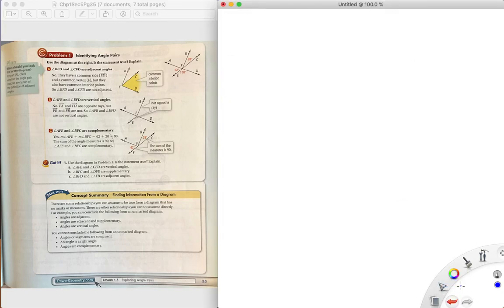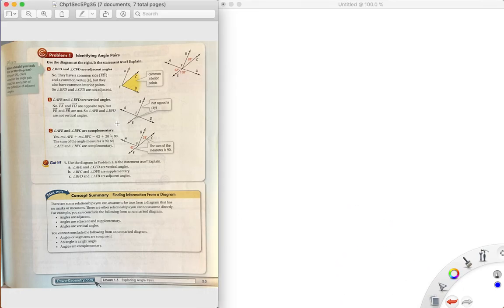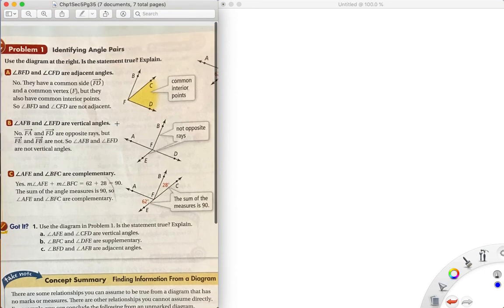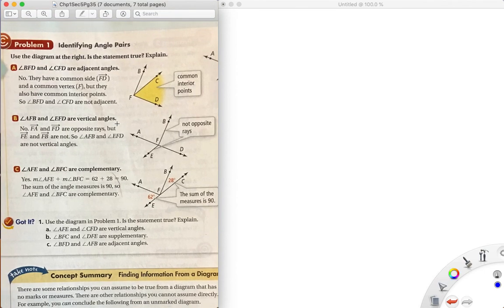All right, identifying angle pairs. So let's go through each example. In part A, example A, we have angle BFD and angle CFD, and they ask me if they are adjacent angles. So let's write BFD.